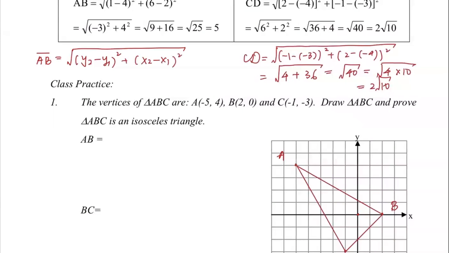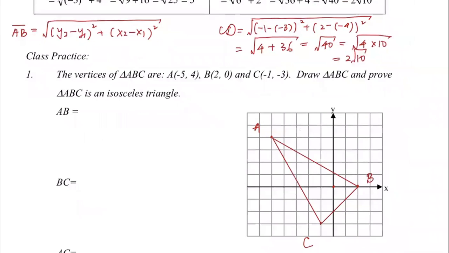Okay, so now let's look at AB. AB is equal to the square root of 0 minus 4 squared plus 2 minus 5 squared. 0 minus 4, that's -4. -4 squared, that's 16.